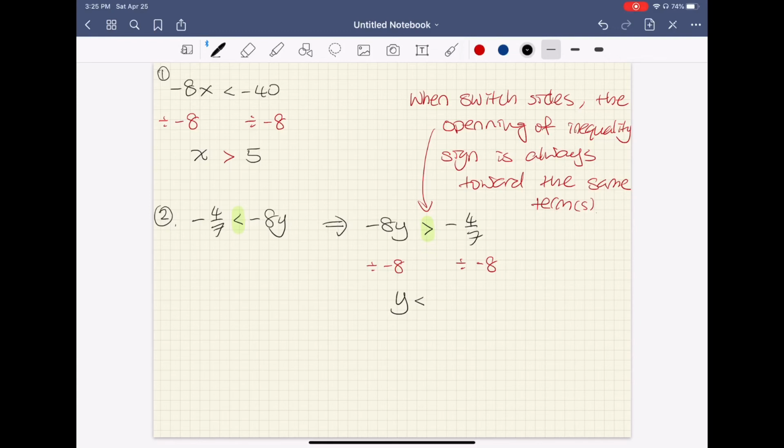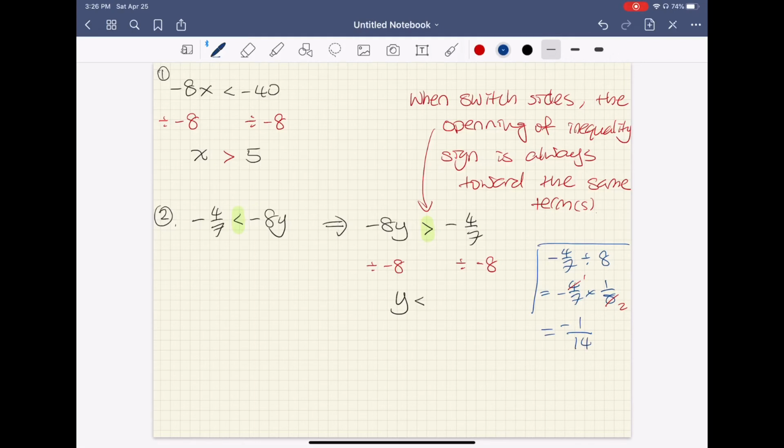And that is equal to, if you guys don't know how to divide fractions, we can do this aside here. Negative 4 over 7 divided by 8 is the same as multiplying by 1/8. So we have a common factor of 4, and that is equal to negative 1 over 14.